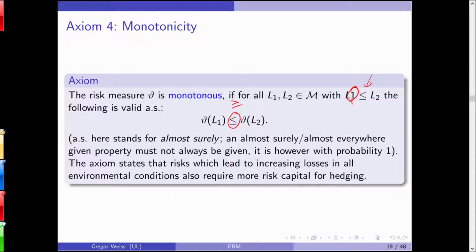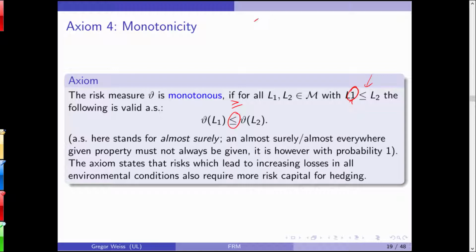There are some other ways of comparing random variables. For example, you could simply take the means. If the mean of L1 is smaller or equal than the mean of L2, you could also compare those two random variables, but this is the most strict comparison you can make. L1 is always, everywhere, less or equal than L2.